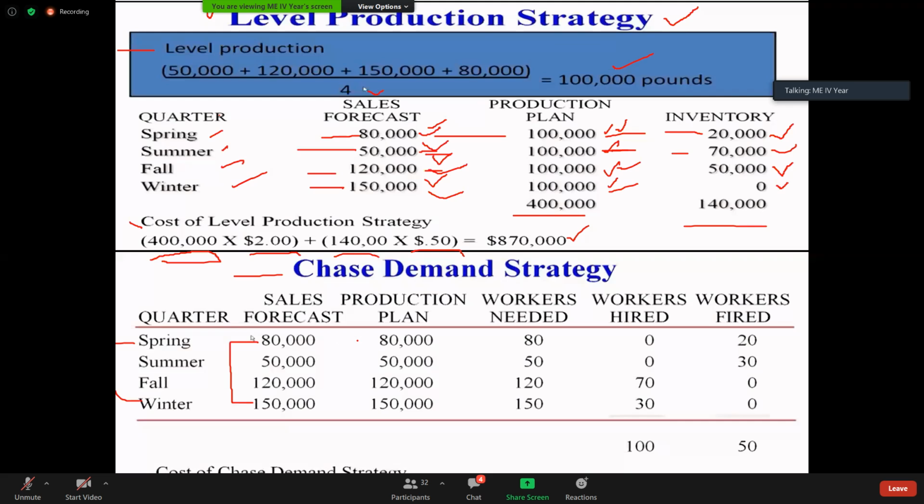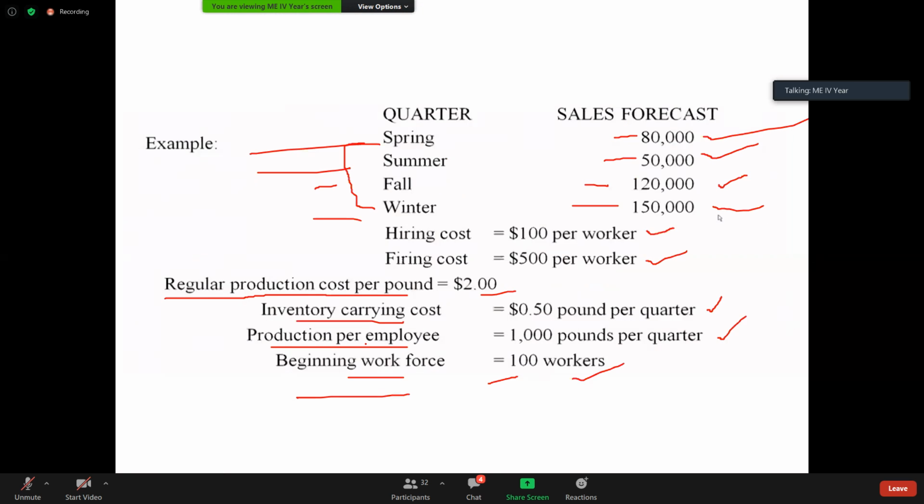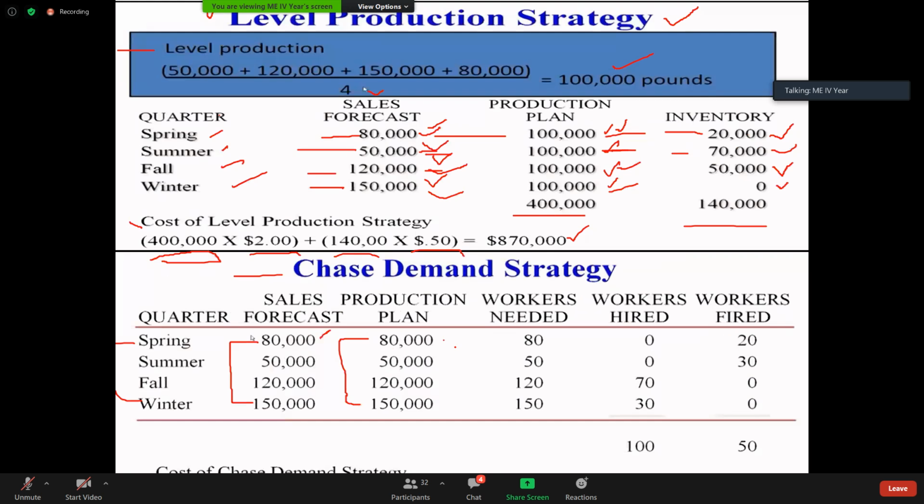From this, now the workers needed. From the question, the beginning workforce is 100. Now I have a demand of 80,000, so the production I have to do is 80,000. In this case I needed only 80 members.